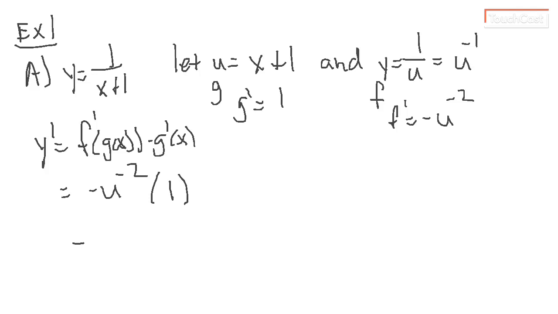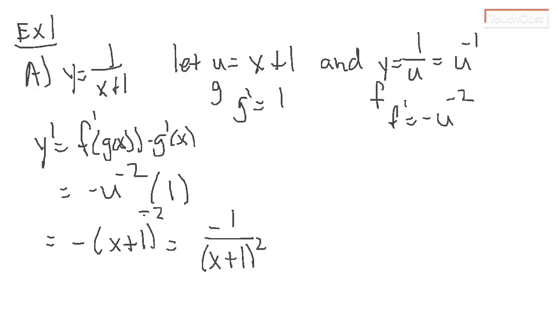So we're going to have negative x plus 1 to the negative 2 times 1 is just going to be itself. Now let's take care of that negative exponent. So we can rewrite this as negative 1 over the quantity x plus 1 squared. So we've used the chain rule and we've found our derivative.